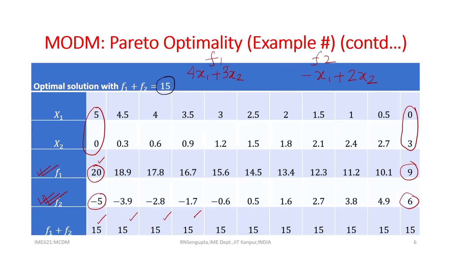I am gaining the same value of 15 for different combinations of x1 and x2, which means my level of satisfaction of getting the value of 15 is fixed, but how I get it depends on the combination of x1 and x2. So the set of points on the brown line give me the same level of satisfaction, and I am indifferent between any points, so long as the level of satisfaction is met.